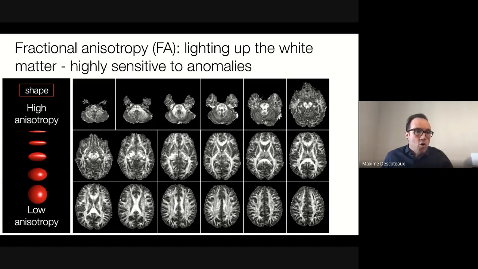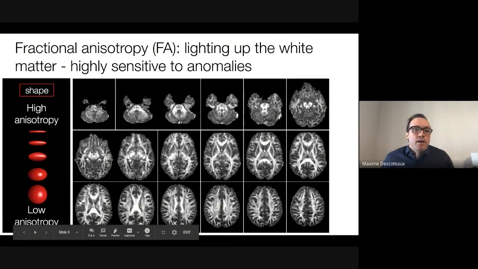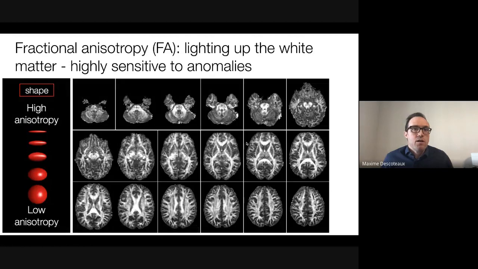You get lower FA, very sensitive to lesions, to anomalies. So very easy to pick up things with this fractional anisotropy. And this is also a reason why you have thousands of papers basically using FA as a proxy of white matter integrity.